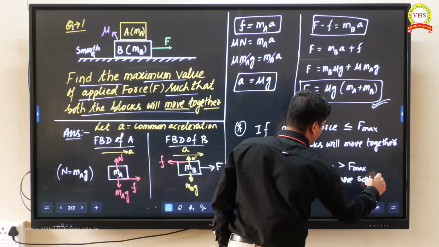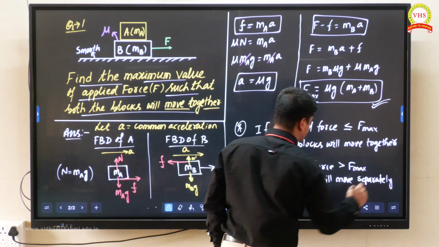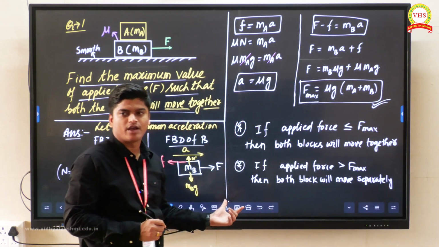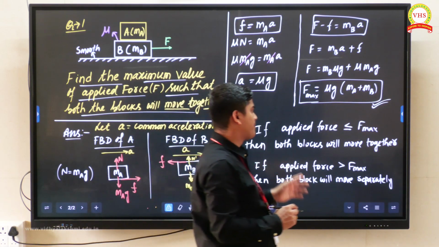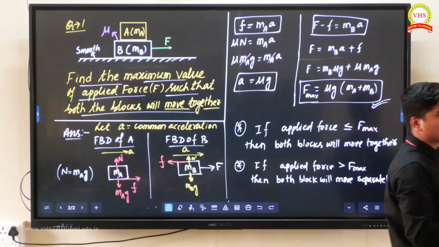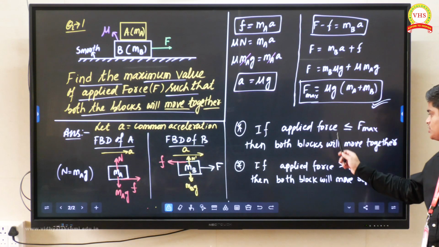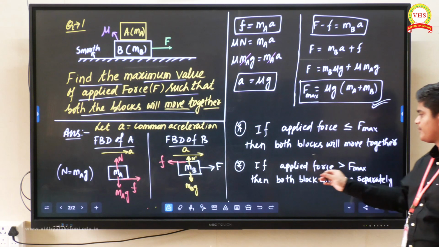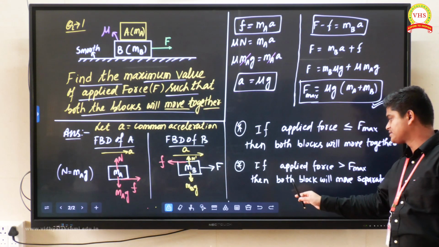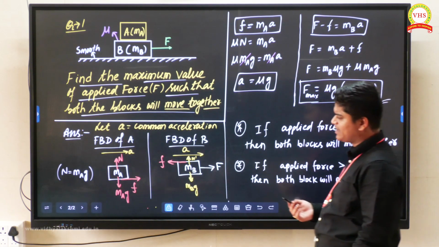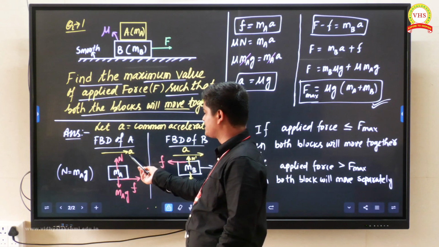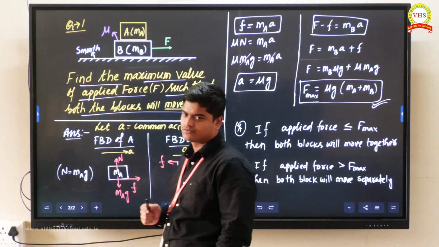If they move separately, then their accelerations will be separate, A1 and A2. So remember, if the applied force is less than or equal to F max, then both blocks will move together. If the applied force is greater than F max, then both blocks will move separately, and when they move separately, your accelerations A1 and A2 will be different values.